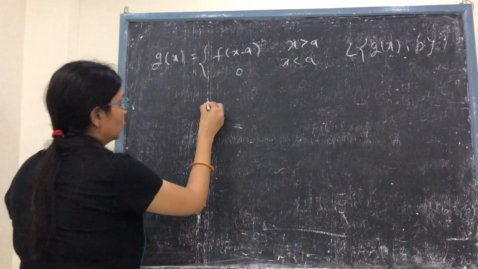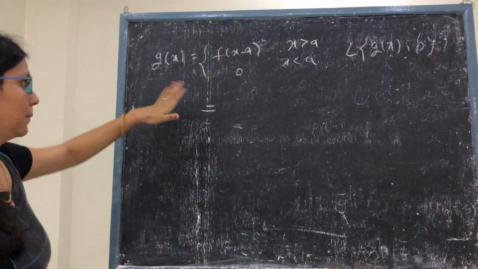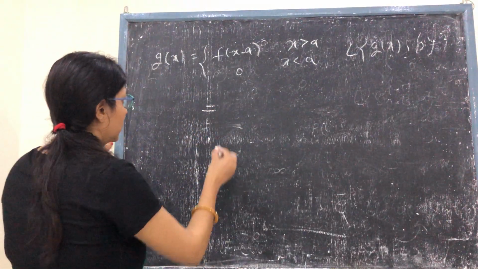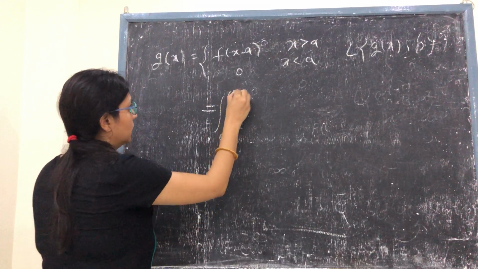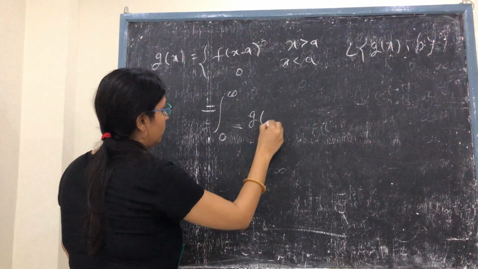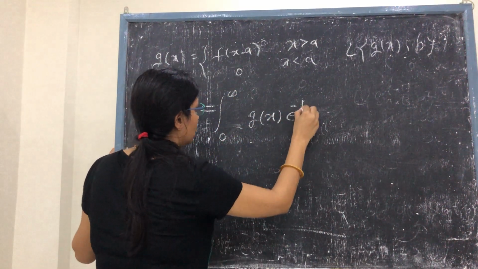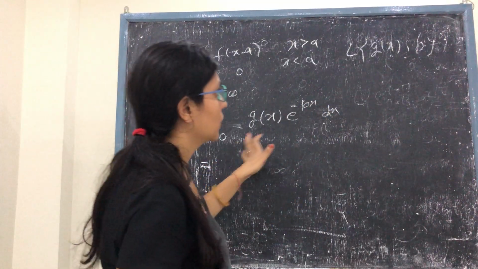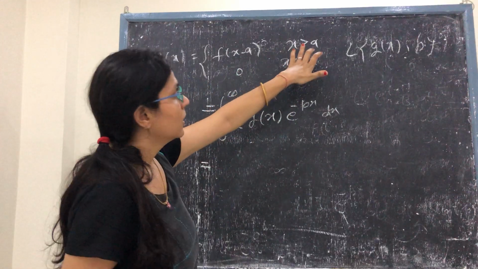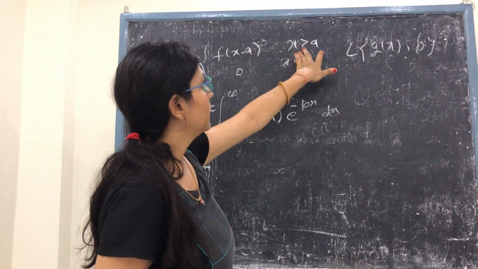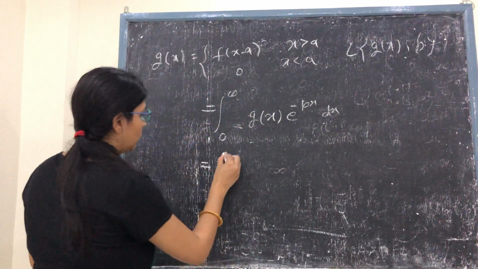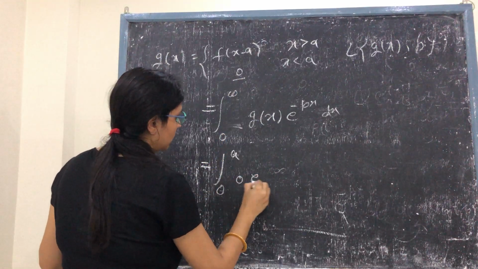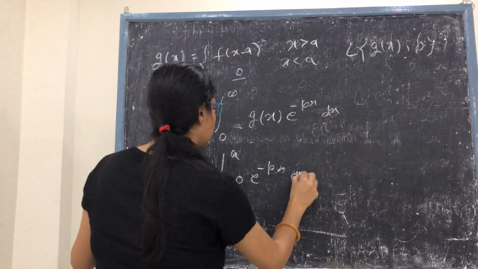Using the definition of the Laplace transformation, we can write it as the integral from 0 to infinity of g of x e to the power minus px dx.